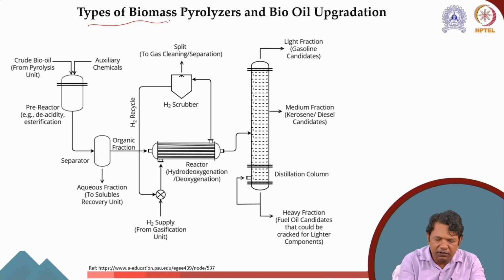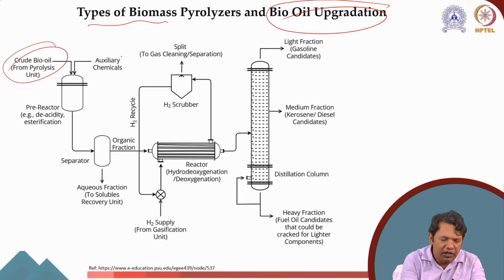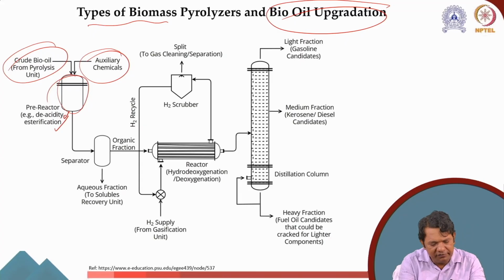This is a typical bio-oil upgradation unit. You can see we have crude bio-oil here, and then some auxiliary chemicals are charged into the pre-reactor where we de-acidify, via esterification, etc. Then we pass it through a separator where the aqueous fraction is removed, and then we have the organic fraction.